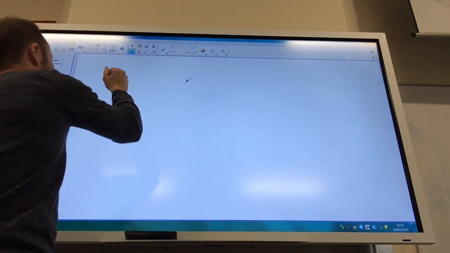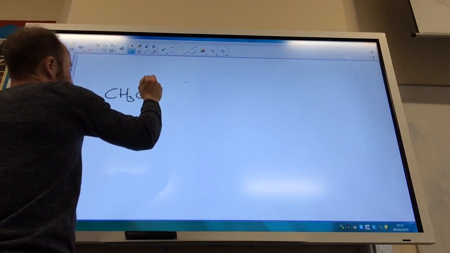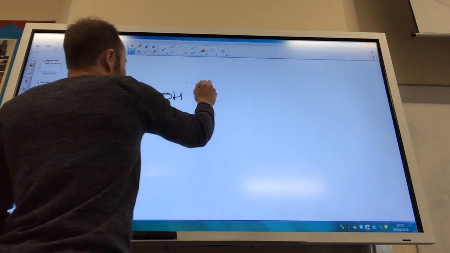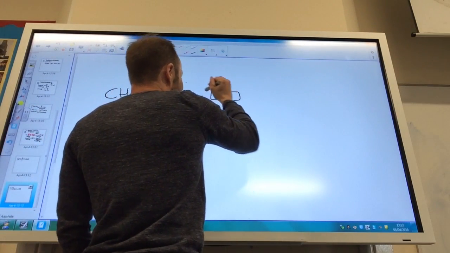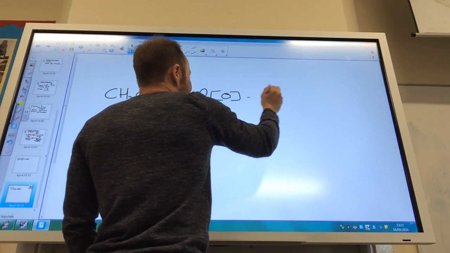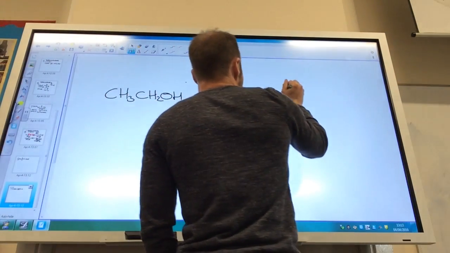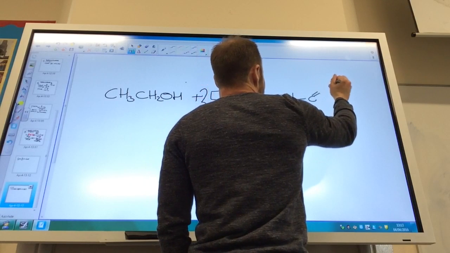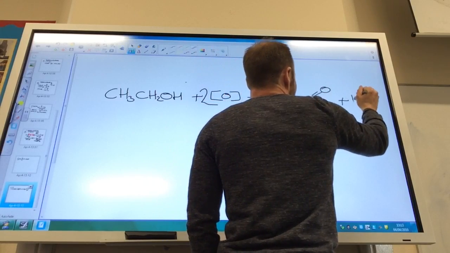So the overall reaction, if you didn't want to go via the aldehyde, you wanted to just take your potassium dichromate, which has been acidified, and reflux it with your primary alcohol, it would go all the way to your carboxylic acid, and you'd also make water as well.